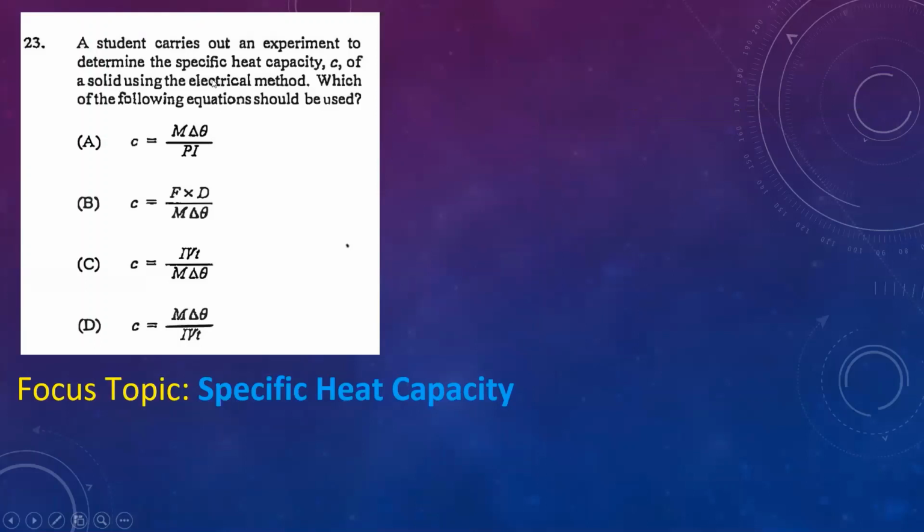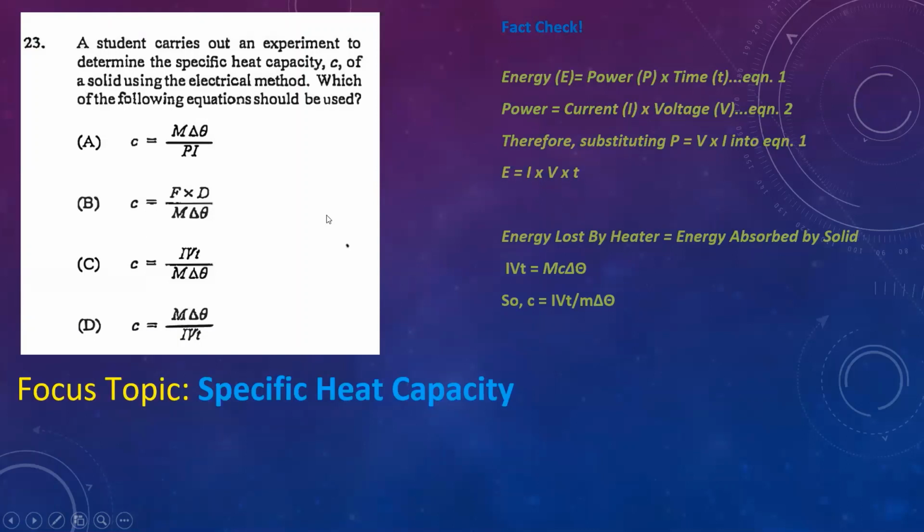23. A student carries out an experiment to determine the specific heat capacity C of a solid using the electrical method. Which of the following equations should be used? Several things to consider. We first have to know that energy is equal to power times time. But when dealing with electrical power, we use current times voltage. Therefore, current times voltage multiplied by time would give us the energy.